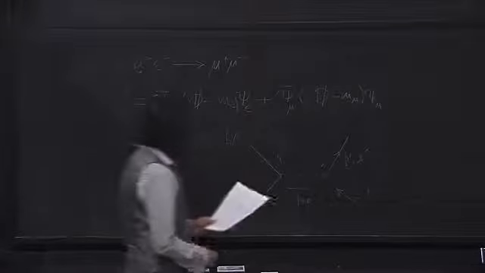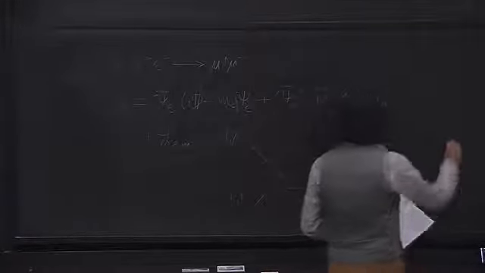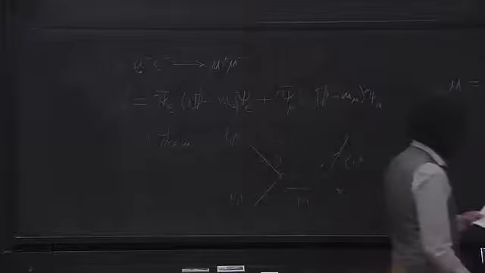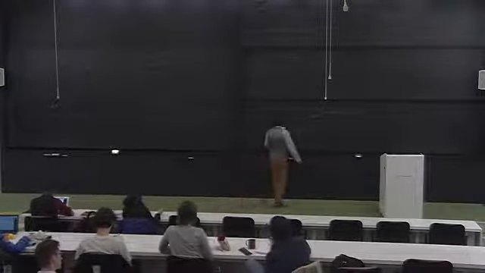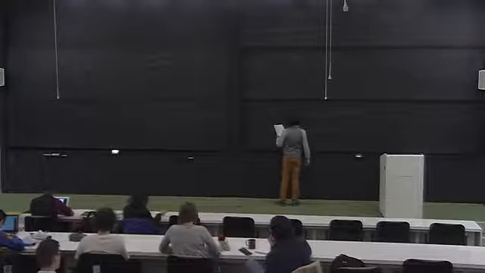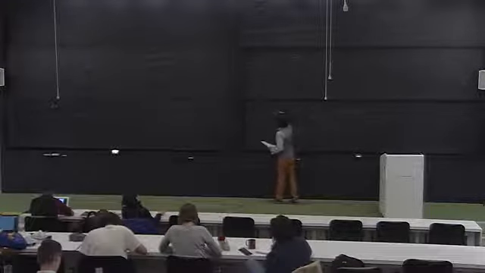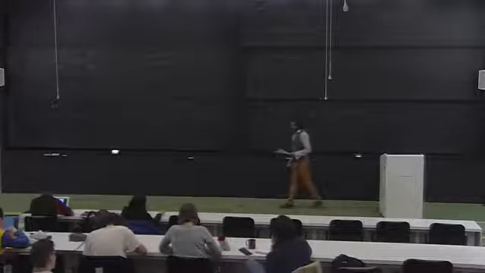All right, so what is the amplitude? Well, we already know what the amplitude is, but now it's the same amplitude, except these spinor wave functions are muon wave functions.